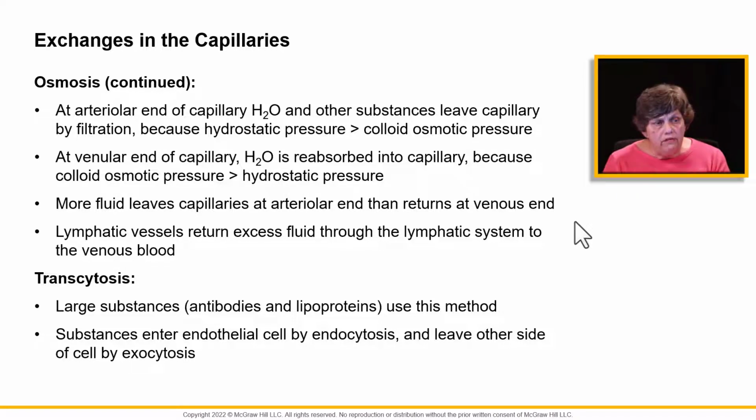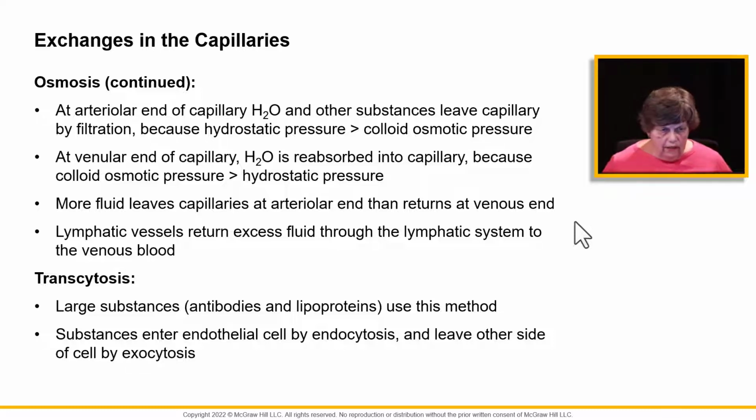So at the venous end of the capillary, the water gets reabsorbed back into the capillary, because the colloid pressure is higher than the hydrostatic pressure. So more fluid leaves the capillary at the arterial end than returns at the venous end. And what will happen is you have lymphatic vessels.